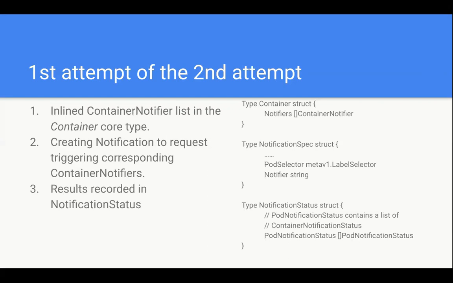In the container notification status, it contains a couple of fields. Originally, it was whether it has succeeded or not, at what time it succeeded, and its corresponding container name, container identifier.